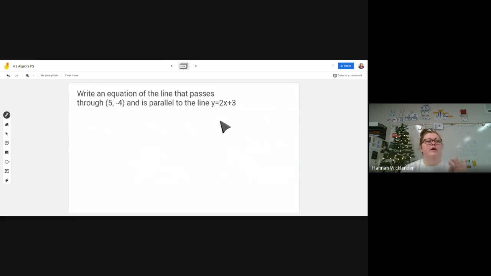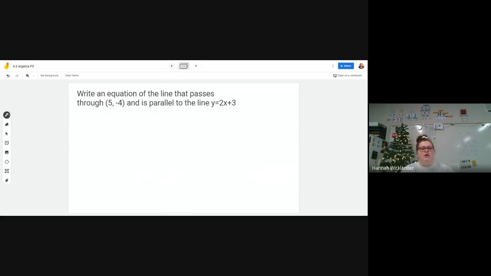So tell me again, are parallel lines the same slope or reciprocal slopes? You can either put S or C in the chat.